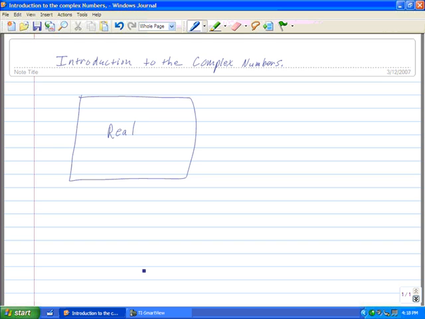We're about to learn about something called the complex numbers, which we're going to start off with a group of numbers called imaginary. Now your imaginary numbers come as a result of a need to be able to take the square root of a negative number.